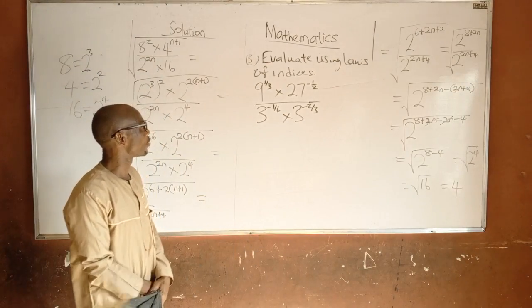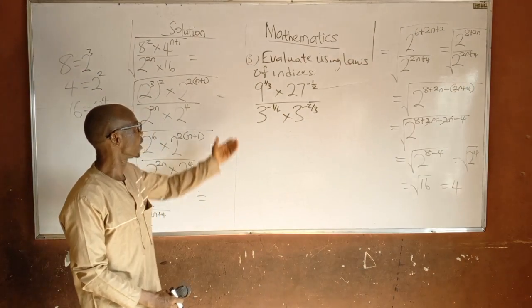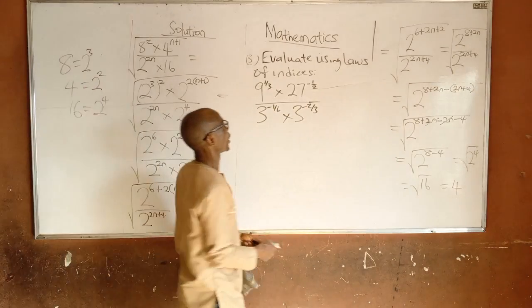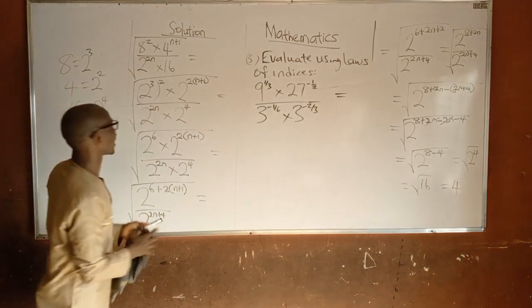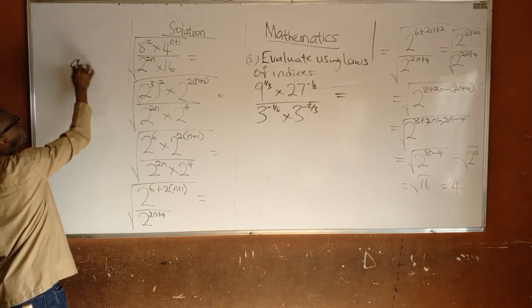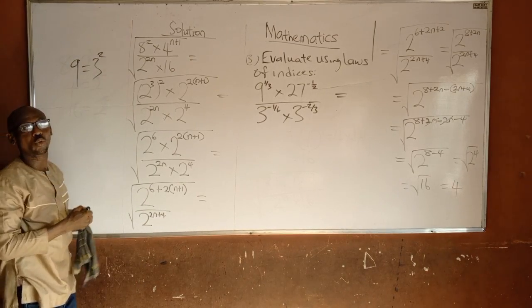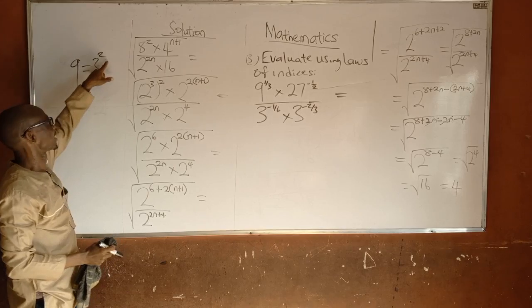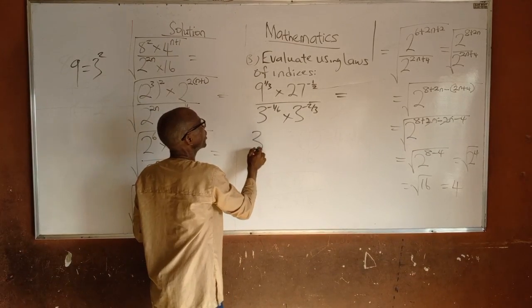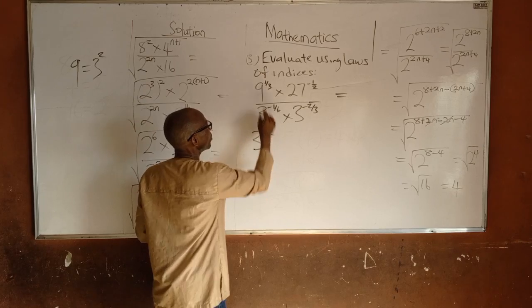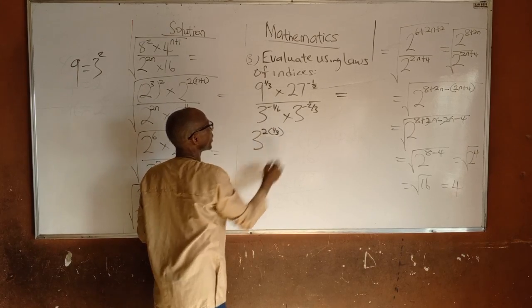If we are to evaluate this now using the laws of indices, I want to solve. This will be equal to what? Our 9 can be written as 3 raised to power 2. So we will now write this as 3 raised to the power of 2, bracket 1 over 3.